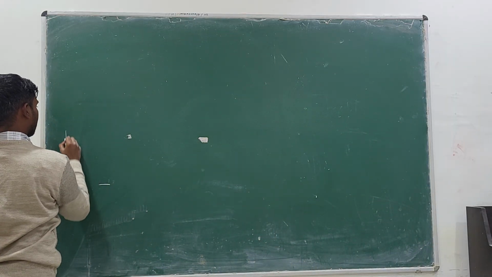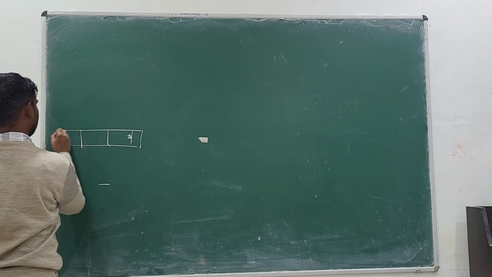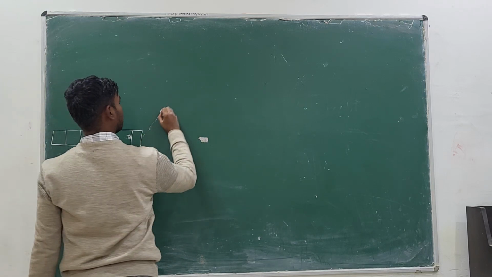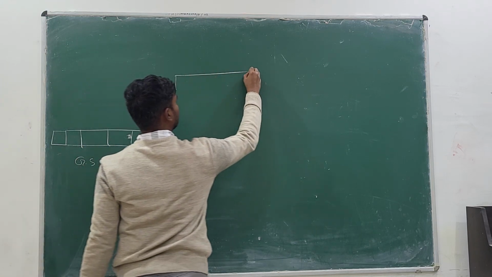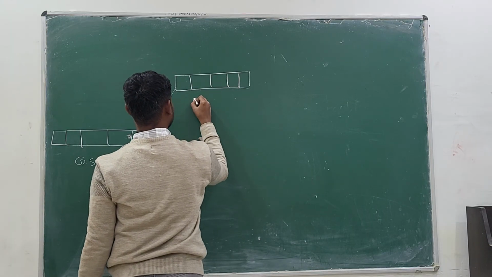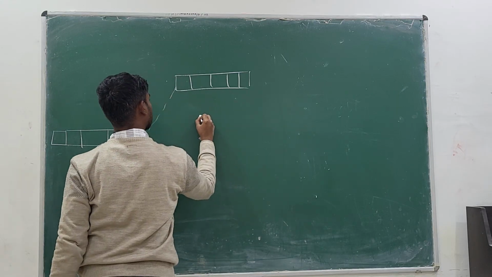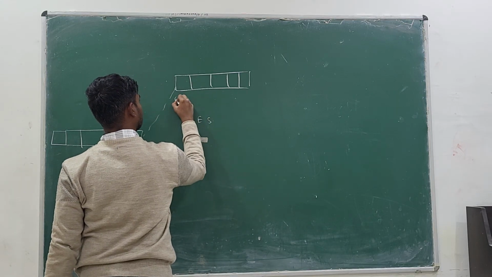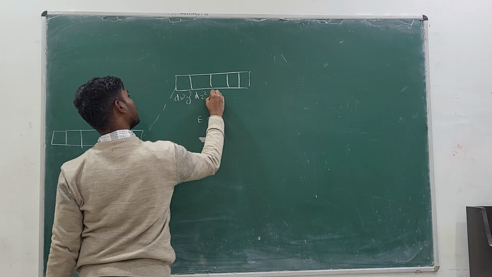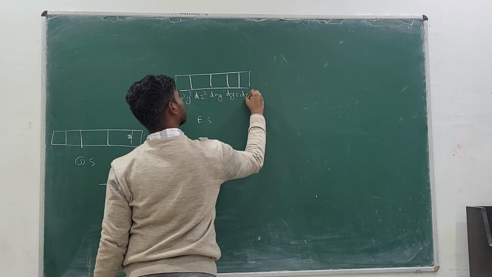So this is our metal in the ground state, and these are our d orbitals in the excited state: dxy, dyz and dzx.